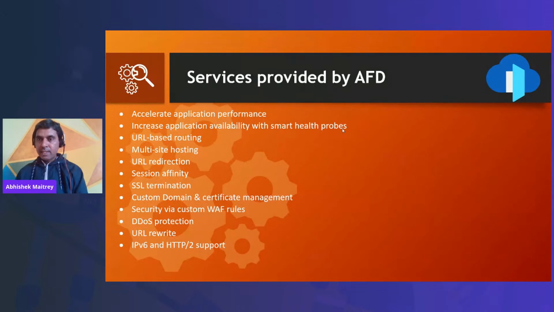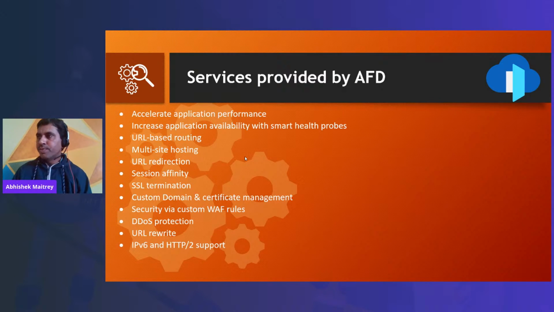You can set the window time, or the duration of your health probe, for how long you want to keep the servers silent before the next health checkup. So you can increase or decrease it as per your convenience. URL based routing is also possible here. We'll look at it when we do the demonstration. Multi-site hosting, URL redirection, session affinity, and other things you can see here.